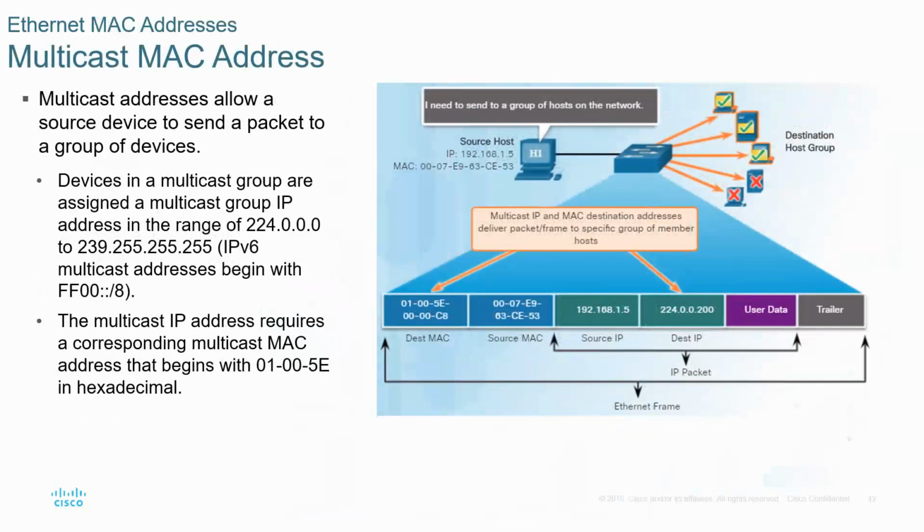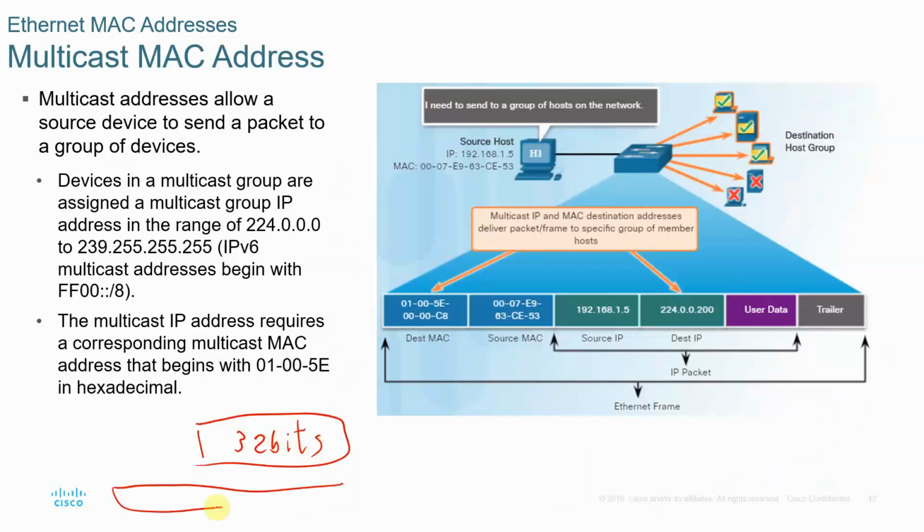So basically, we had discussed multicasting at the beginning of this lecture. So when you have a multicast packet, the destination IP address is that of a group. So what should be the destination MAC address in this case? Basically, if you have the IP address, which is 32 bits, and the MAC address, which is 48 bits, if you want to find out what is the destination MAC, the first 25 bits are 01005E.